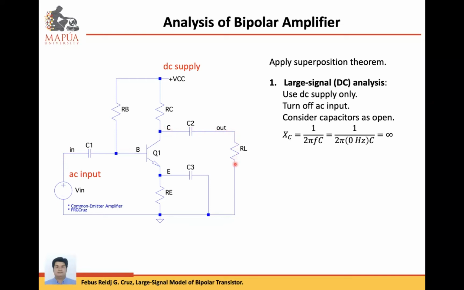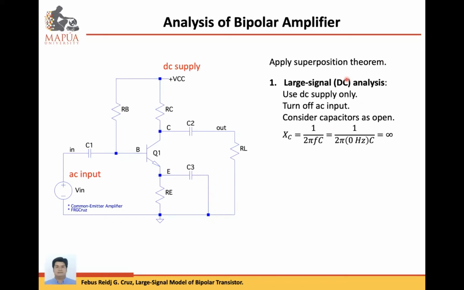Another capacitor in the circuit is C3. This is what we call the bypass capacitor. It connects the emitter terminal directly to ground. When there is an AC input, capacitor C3 will behave like a short circuit, so that would connect the emitter to ground.